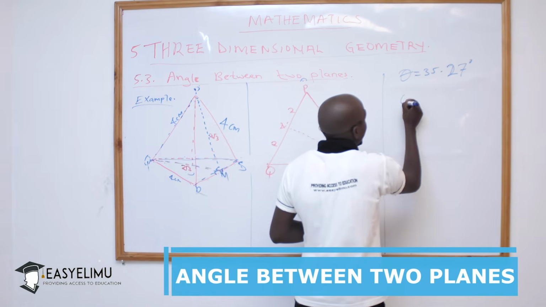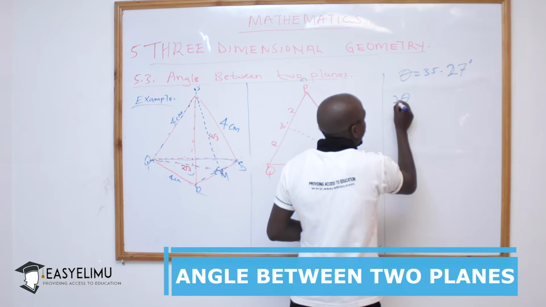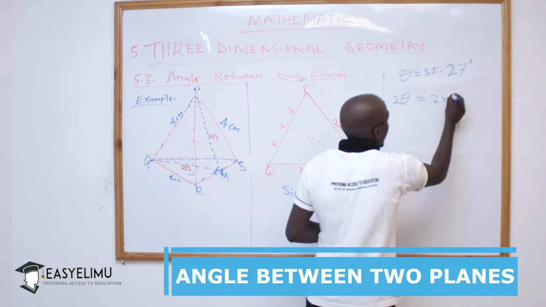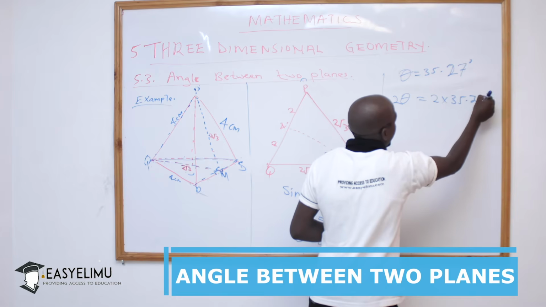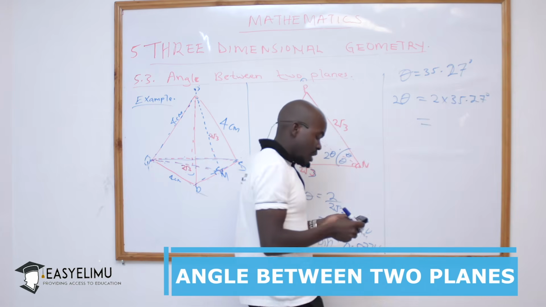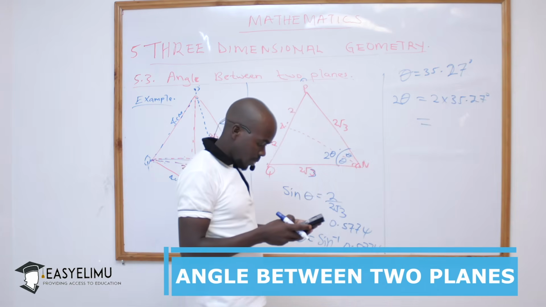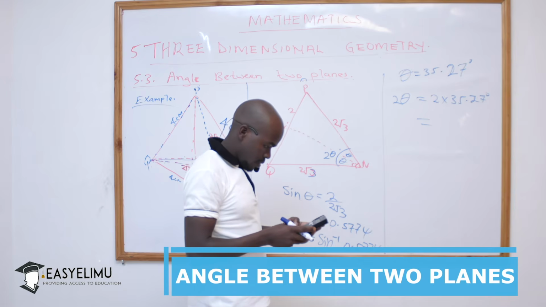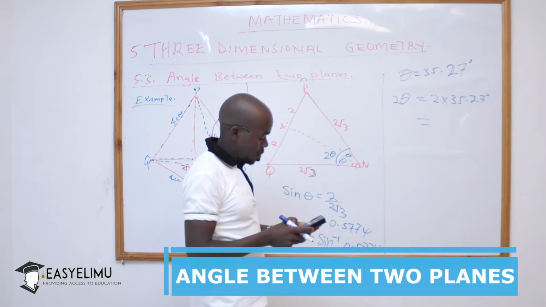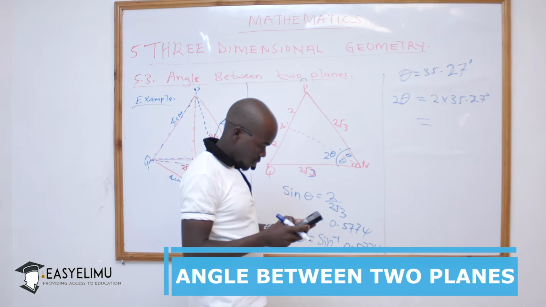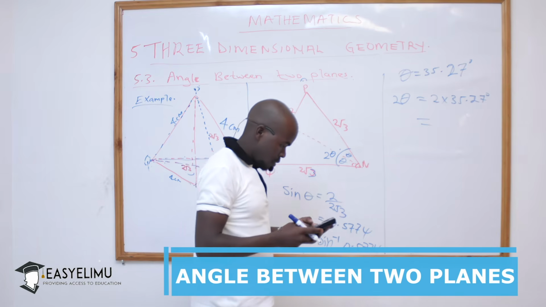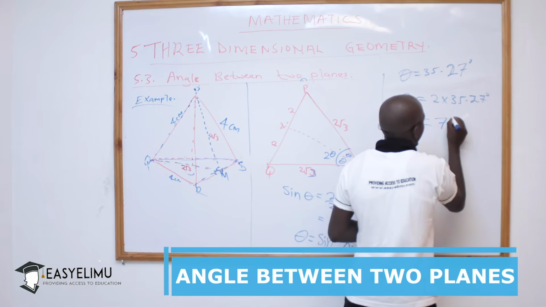So we take that theta and multiply by 2, so we have 35.27 degrees times 2, and we get the total angle being 70.54.